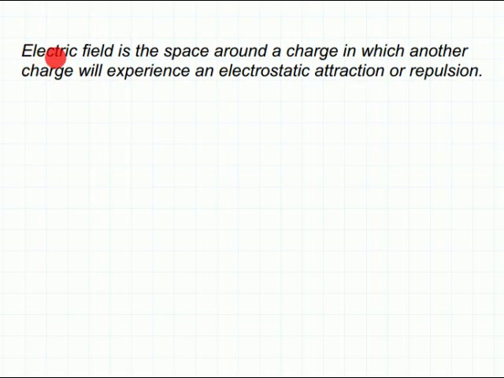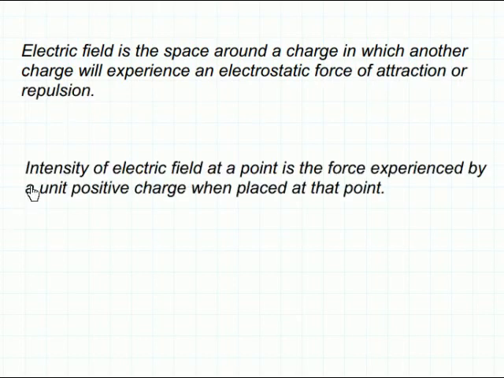So electric field is the space around a charge in which another charge will experience an electrostatic force of attraction or repulsion. Now intensity of electric field at a point is the force experienced by a unit positive charge when placed at that point.